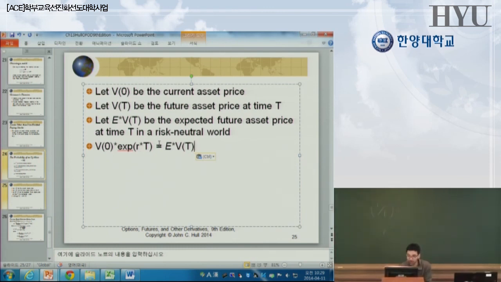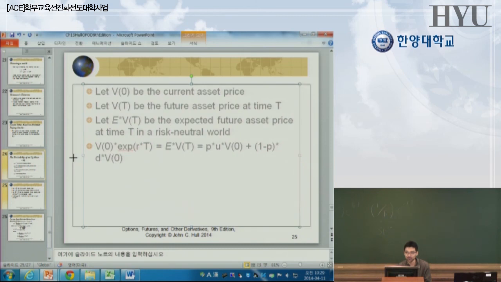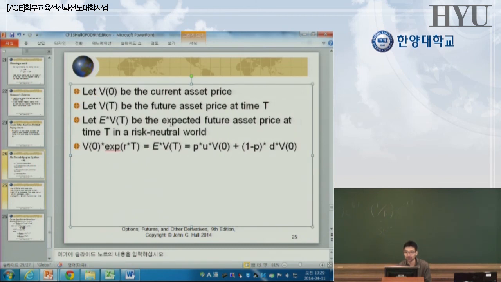If there is a probability P, this means P multiplied by U multiplied by V0, plus 1 minus P multiplied by D times V0.